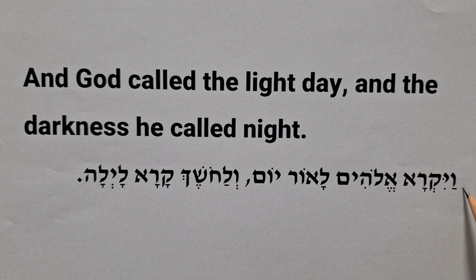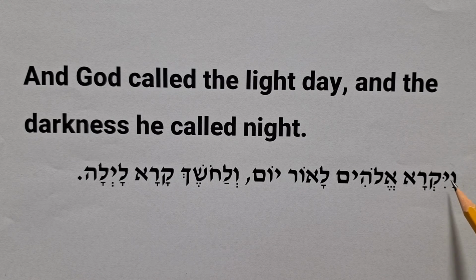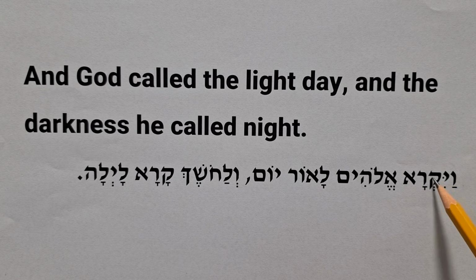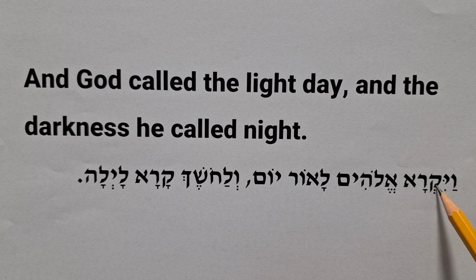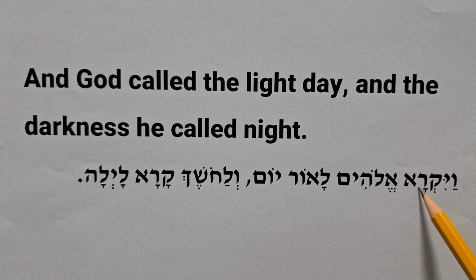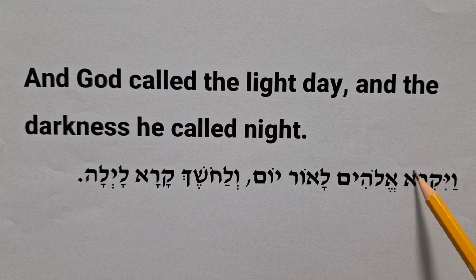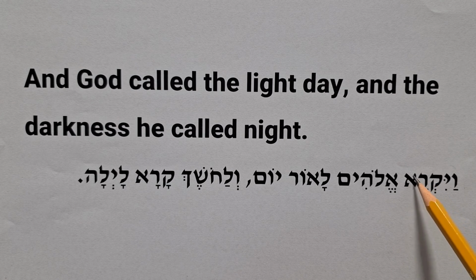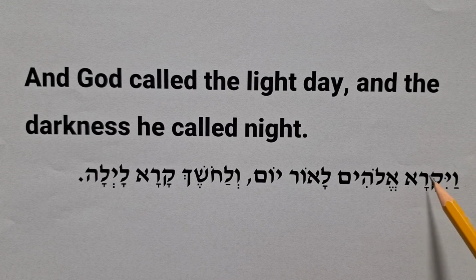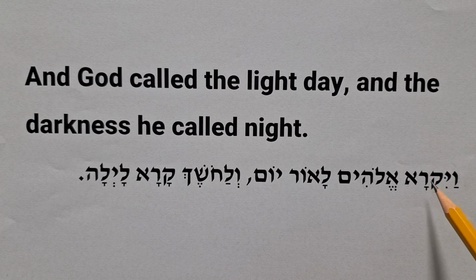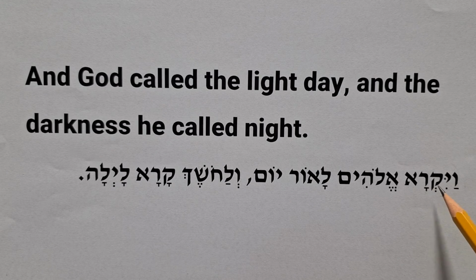Vav patach, va, yod with chirik, i, kuf. So it's kof with shva nach, vaik, and reish with kamatz, ra, and aleph, because it is a letter that goes with the verb vaikra, likro, to read, kara, likro.